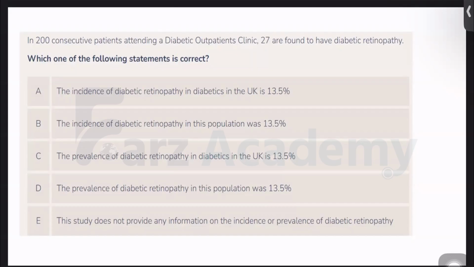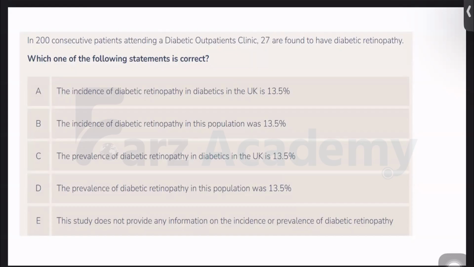Where is the question mentioning new patients or follow-up or anything? Consecutive patients. Consecutive. So there are 200 patients coming to the clinic today, which is a diabetes outpatient clinic. Out of them, I find 27 to be diabetic retinopathy.